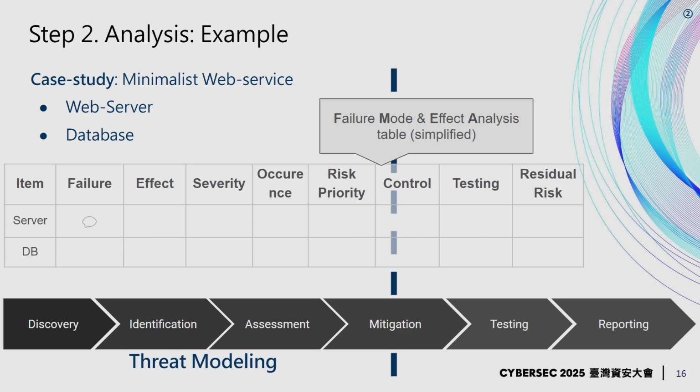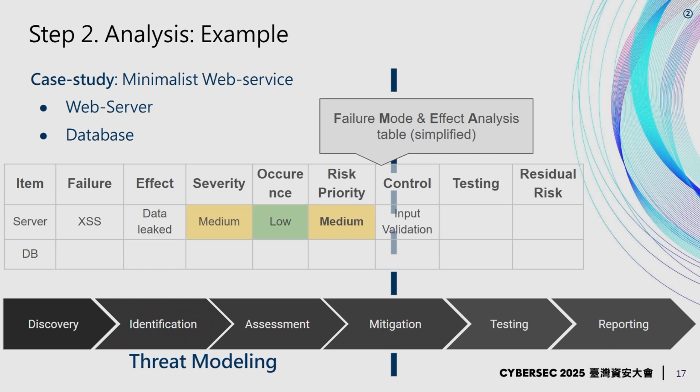Anyone have an idea? Typical risk for a web server, anyone? All right, I'll go for it. So cross-site scripting, actually I heard this one at least 5 or more times in the last 2 days. Very typical. And then the risk team will go through the activity mentioned earlier and provide a risk rating.